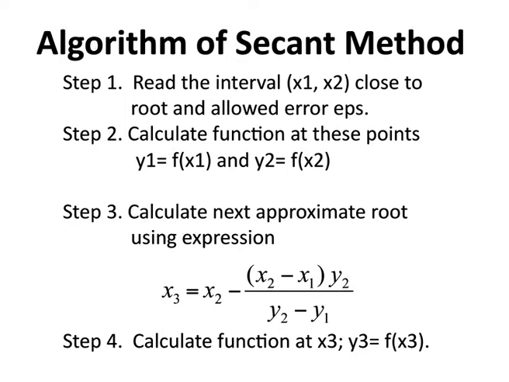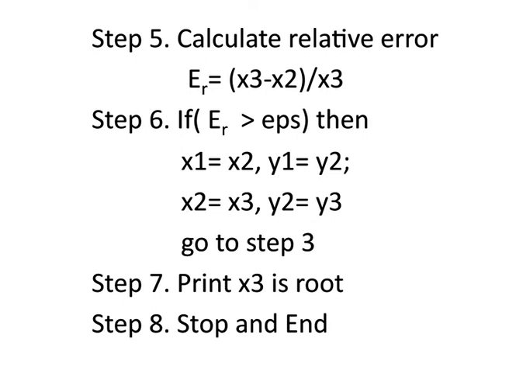We will read the initial interval x 1 and x 2, and we will calculate the value of function at these 2 points, y 1 and y 2. Using the linear approximation equation of line, we will calculate x 3. You can see on your screen the value of x 3 is calculated by using this expression. After calculating x 3, we calculate y 3 corresponding to x 3, and now we have a very simple logic. We will calculate the error, and then we go for checking the error.